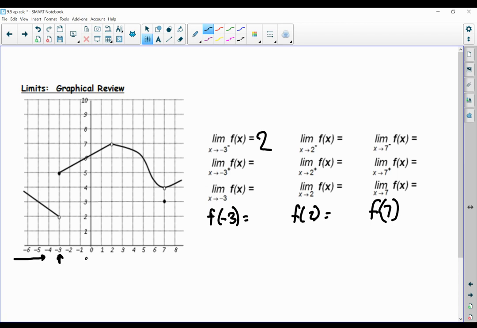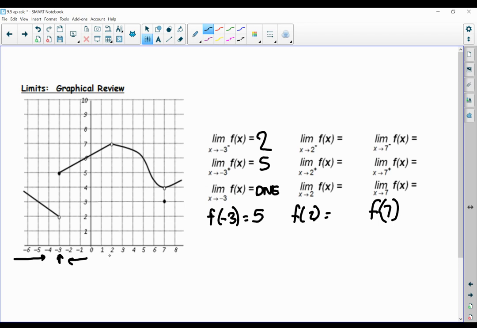From the right, going towards negative 3, if I follow the road map, I'm going to a height of 5. Because the left-side limit and the right-side limit are two different values, the general limit does not exist. And then f of negative 3 is the actual value. If I look at negative 3 to see if it's defined, it has a closed circle at 5, so the actual value of the function there is 5.